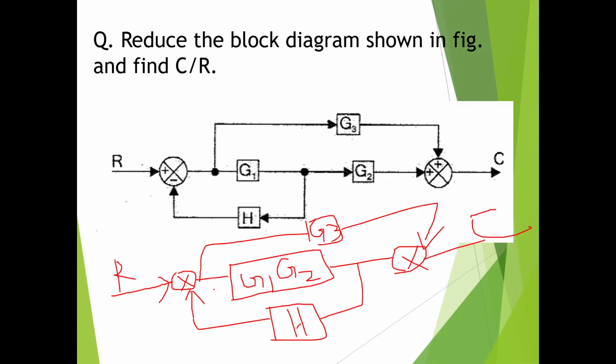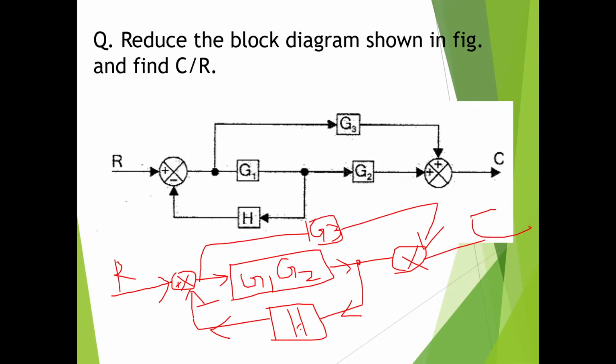Now if you observe carefully, G1, G2 are in cascade, and this is plus and this is minus. Now how is the signal flowing from this summing point? Signal flows like this. From this branch point, the signal is returning back. Here you can see the arrow mark. So this is a feedback path, a negative feedback path.